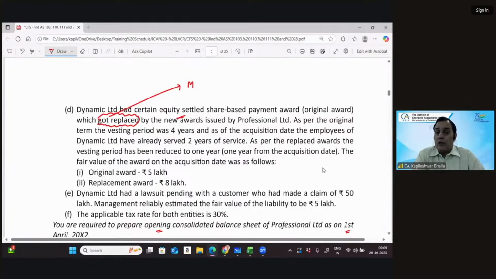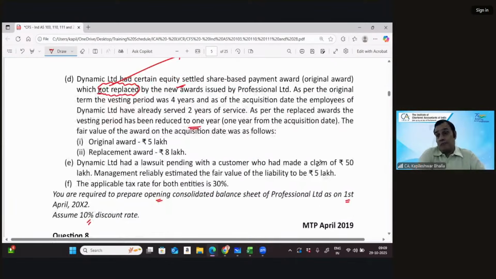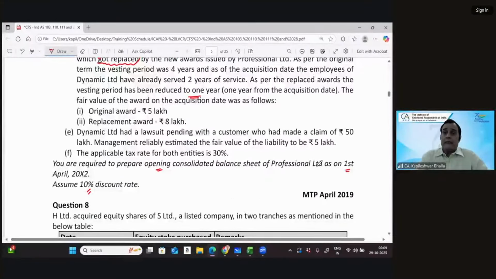As per the replacement awards, the vesting period is reduced to 1 year. And then it says the fair value of the original award and the replacement award on the acquisition date is given. Then it says Dynamic has a lawsuit pending with a customer who made a claim of 50 lakhs.